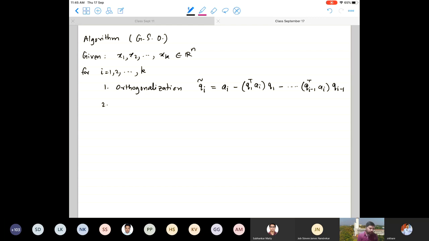Then you do the second thing, which is test for linear dependence. If qi tilde is equal to 0, then you break this loop, you quit this loop. If it is not, what is a? A is x here, right? Oh sorry, it is xi, I'm sorry, this is xi. You are right, I am looking at x1, x2, absolutely.